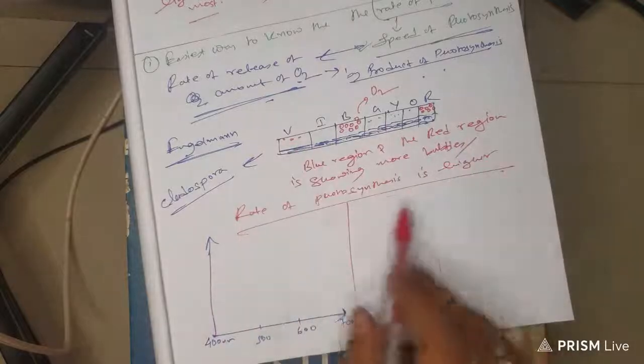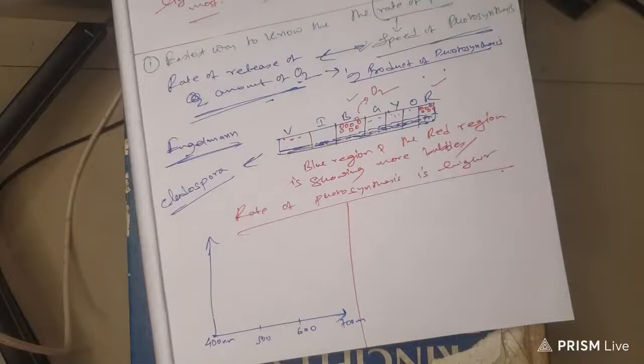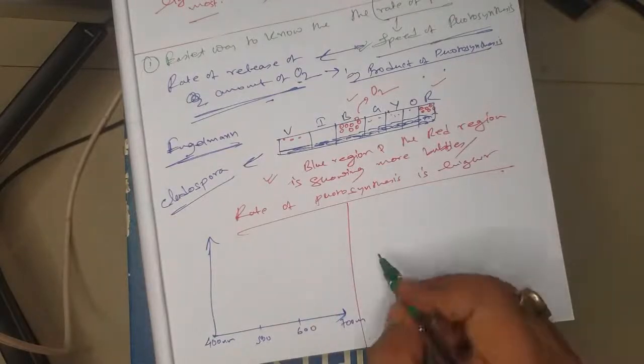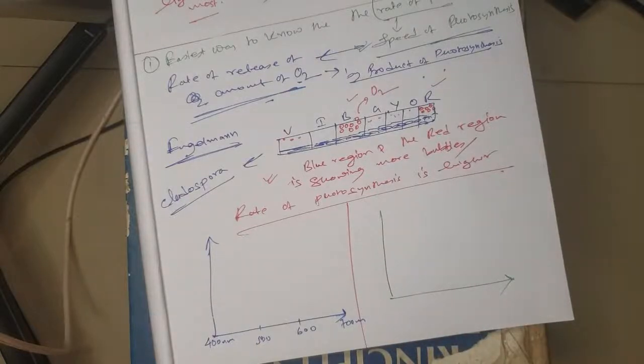So this experiment told us that this and this are the best photosynthetic lights, best in doing photosynthesis. These are the most absorbed ones. So this one became clear, and this experiment gave rise to another graph. Let me tell you this graph at first.